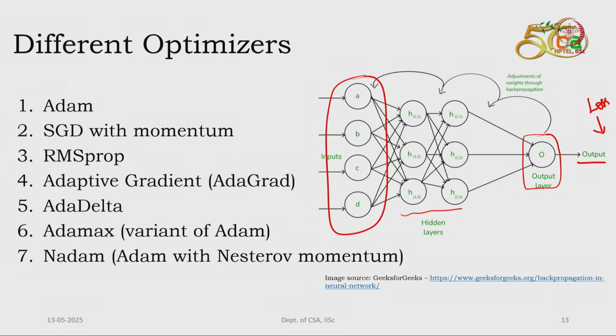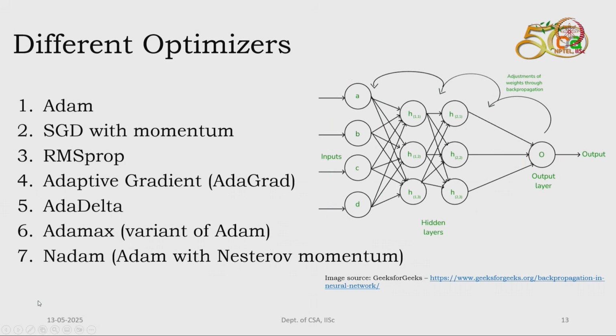Every neuron is connected to every other neuron, and every connection comes with a weight. So whatever weights were assumed initially, probably those are not correct weights.